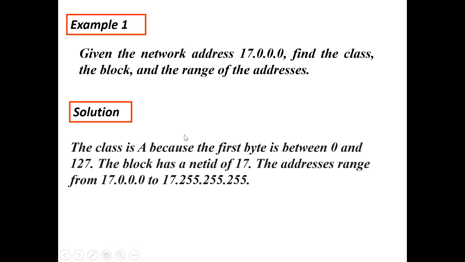So the class of that address is A, because the first byte is between 0 and 127. The block has a net ID of 17. The addresses range from 17.0.0.0 to 17.255.255.255.